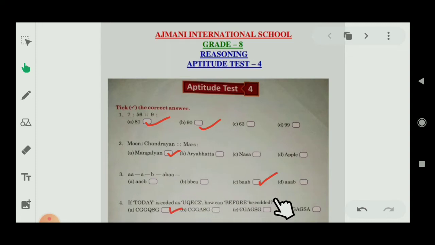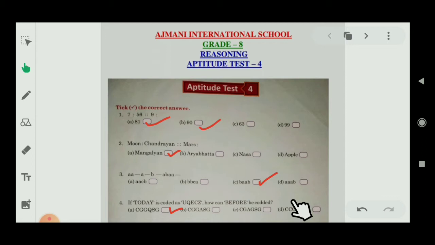Let's see the question number 4. The question is, if today is coded as U, Q, E, C, Z, that means T is related to U, then O is related to Q, then D is related to E, similarly A is related to C and Y is related to Z. That means T plus 1 is U, O plus 2 is Q, D plus 1 is E, A plus 2 is C and Y plus 1 is Z. That means plus 1, plus 2, plus 1, plus 2, plus 1, plus 2 is coded in this question.